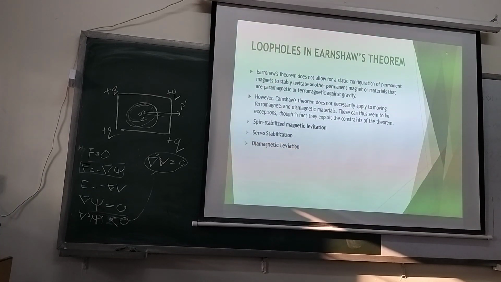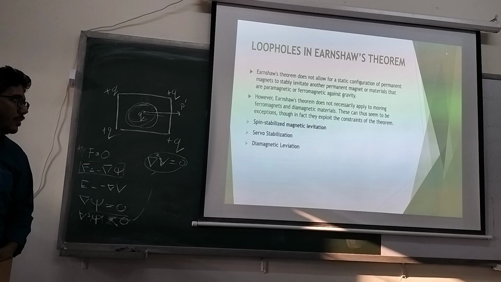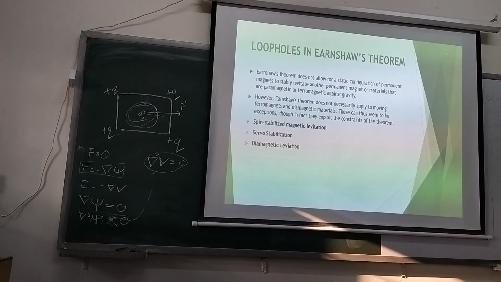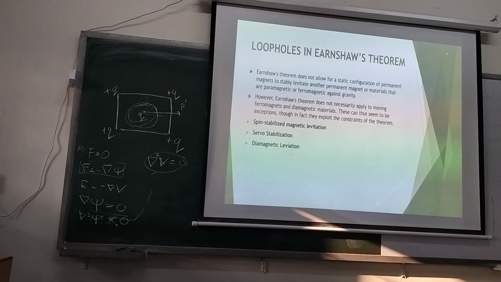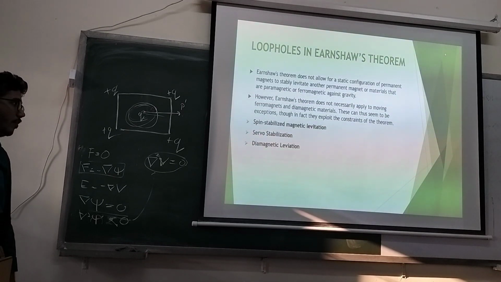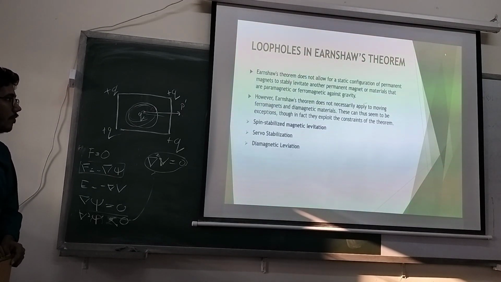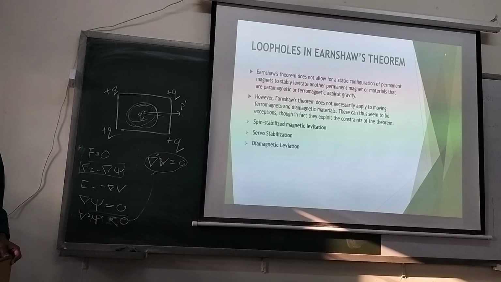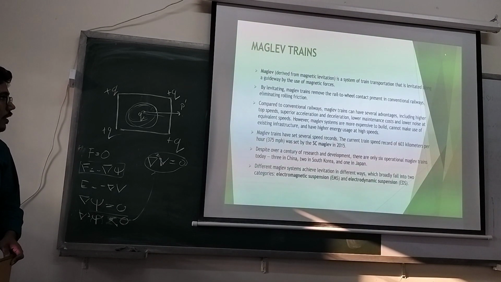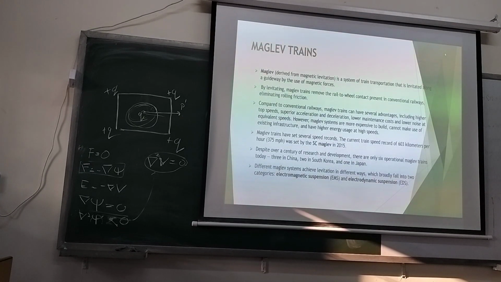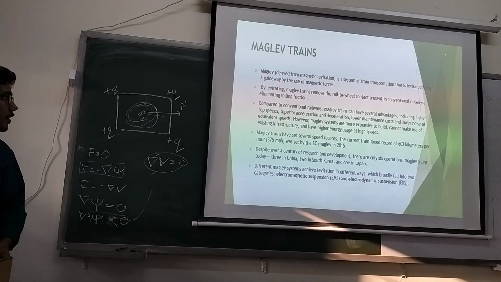In a diamagnetic substance, it is actually magnetizing against the magnetic field. So it is in the opposite sense. Therefore, it acts against Earnshaw's theorem. That's what we utilize in electrodynamic suspension. We will go to that later.